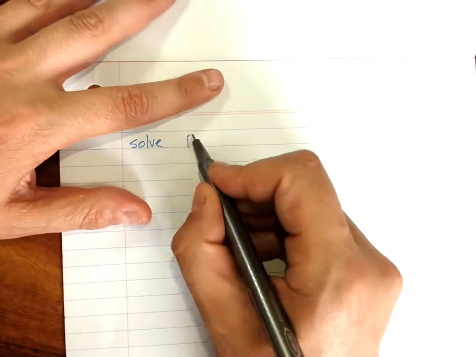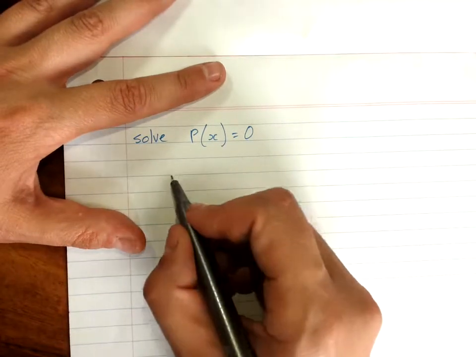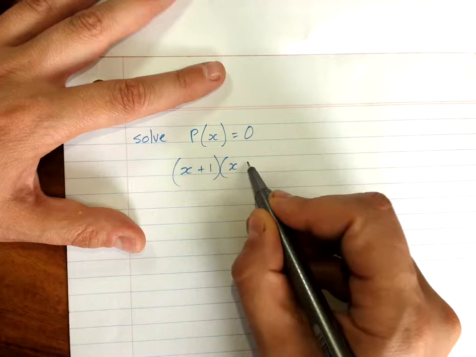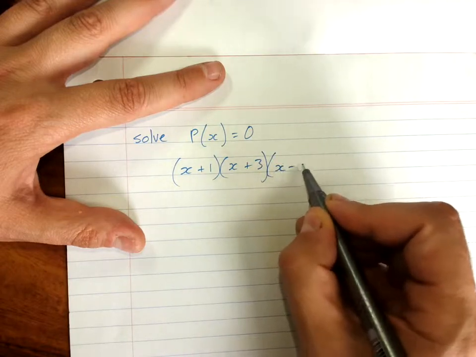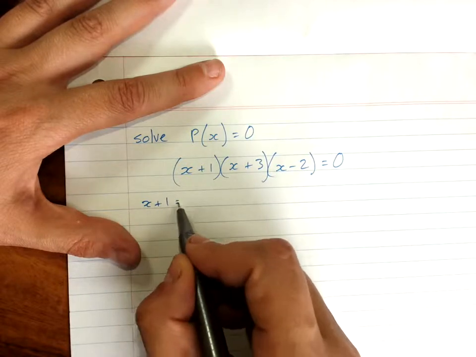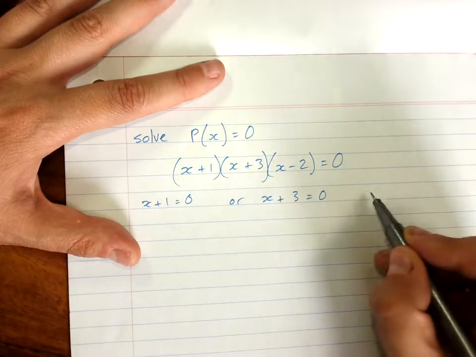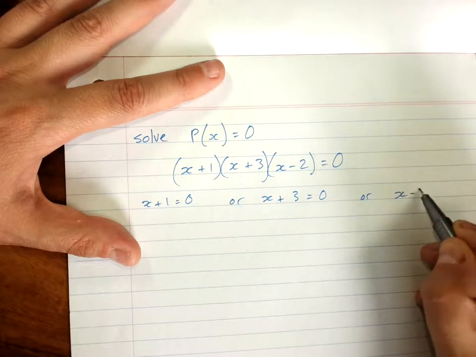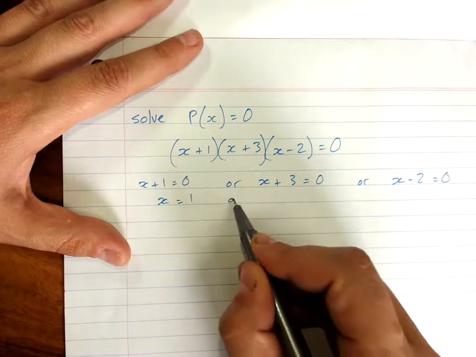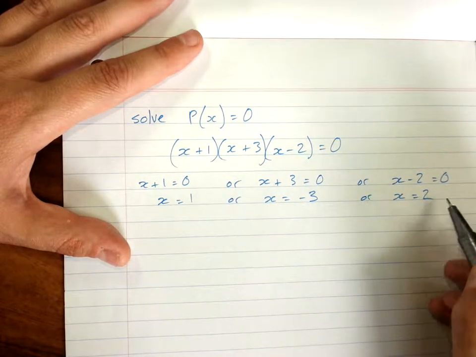Solve means let the polynomial equal 0. So x plus 1 times x plus 3 times x minus 2 equals 0. X plus 1 is 0, or x plus 3 is 0, or x minus 2 is 0. That means x is negative 1, or x is negative 3, or x is 2.